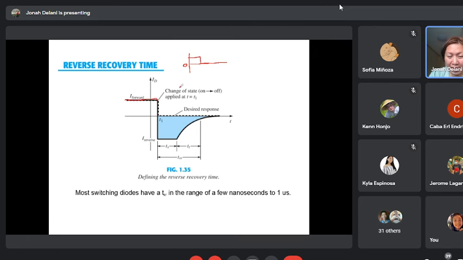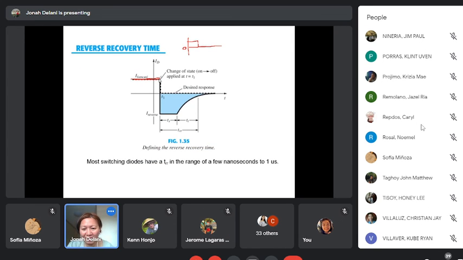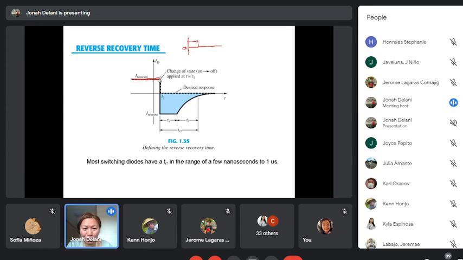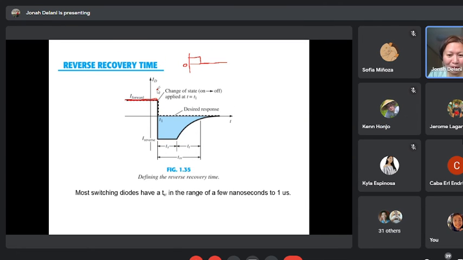Now, actually, if you have a current, imagine the electrons running. And then suddenly, you turn it off. So of course, they are running, and they cannot stop right away. Maybe they are running too fast.